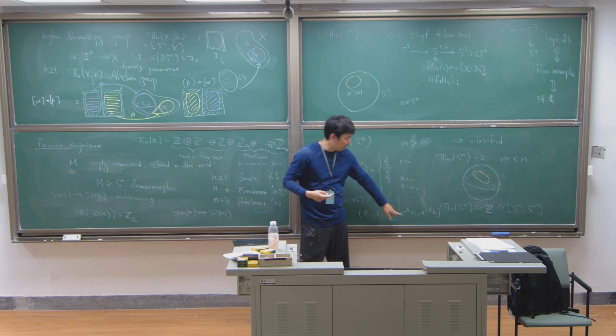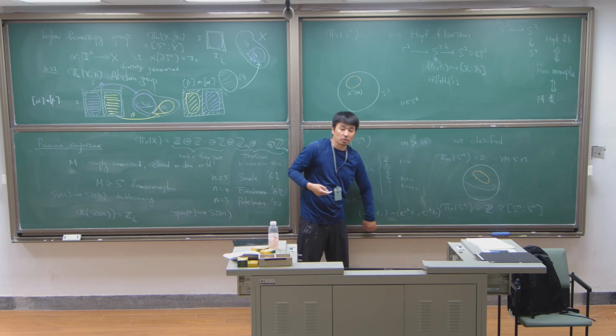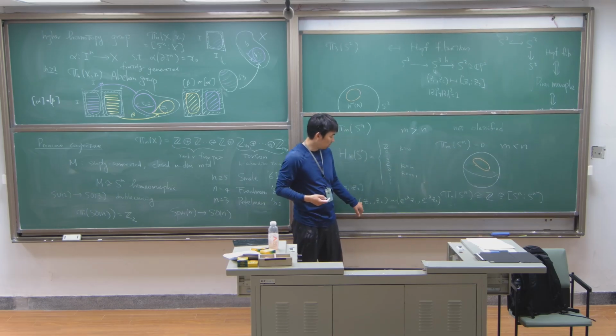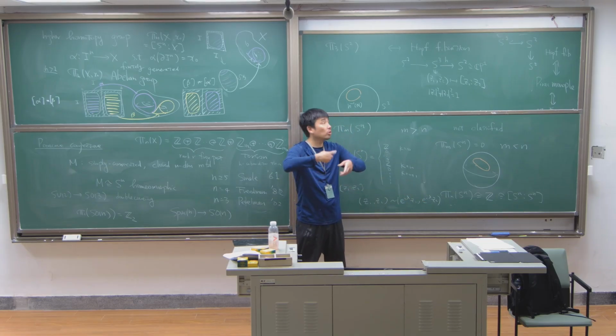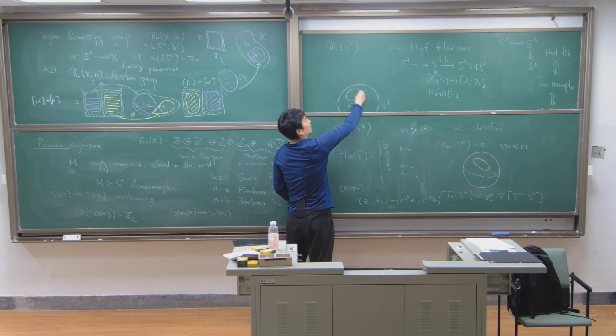Since we identify the phase rotation inside S3, this circle is the phase rotation orbit over the north pole.